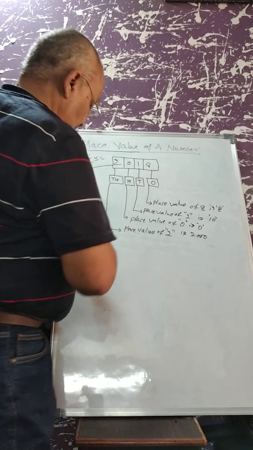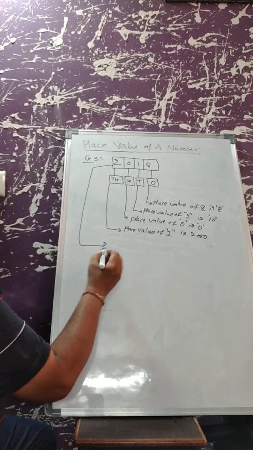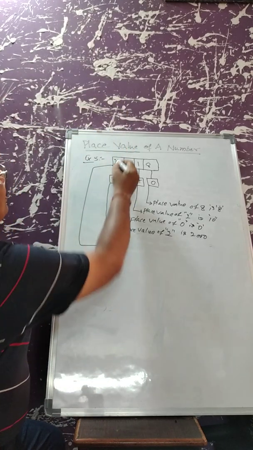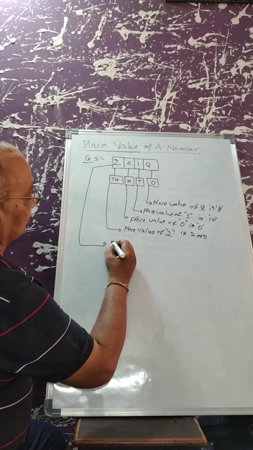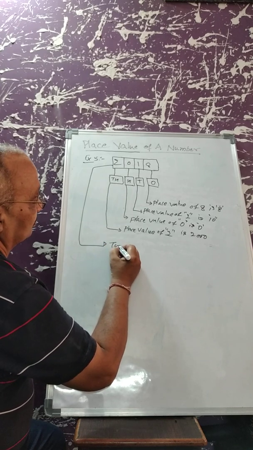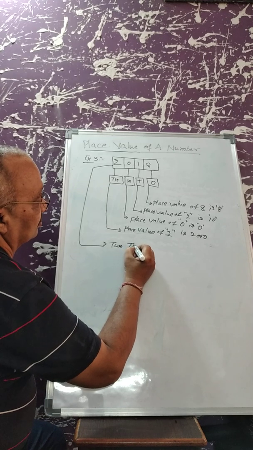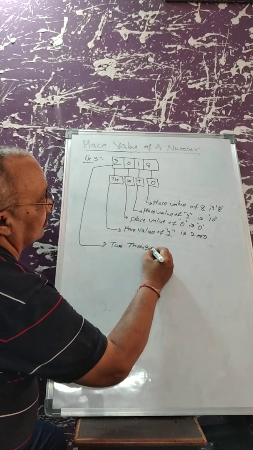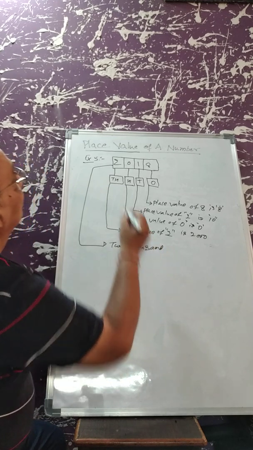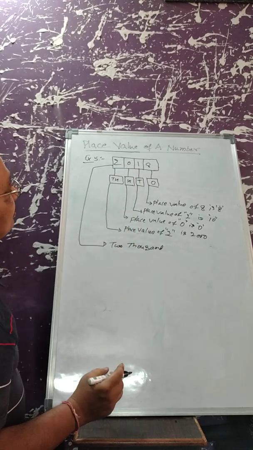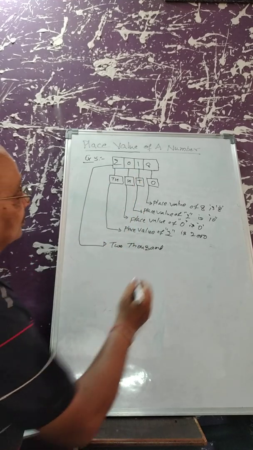And what will be the expanded form? Expanded form is, at the place of 1,000 it is 2, so it will be 2,000. At the place of 0 it is 0, so nothing you have to write.